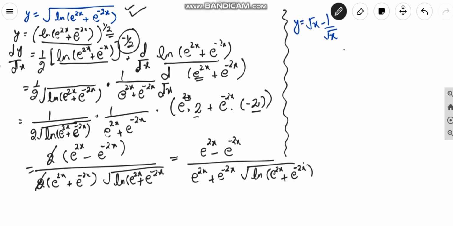Now our next question from the past paper is that we are given the function y equals square root of x minus 1 over square root of x. You can see that this function is in the form of a difference of two functions. So in order to find the derivative of this function, we have to take the separate derivative of each function.